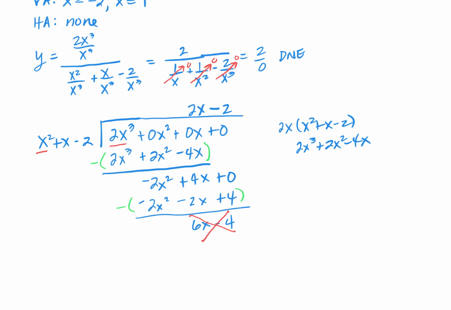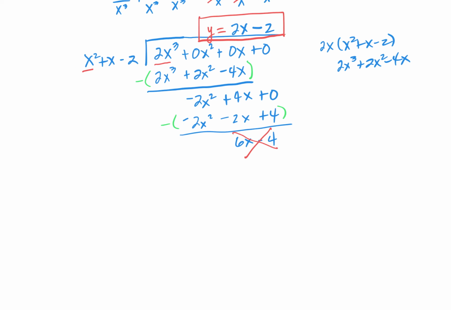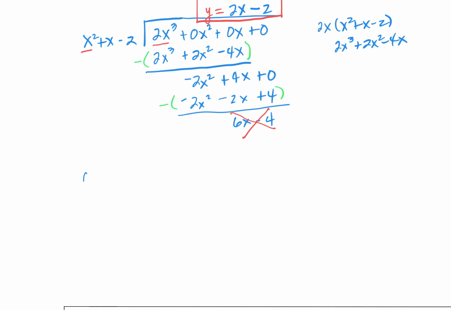So remember what this is. This is y values. This is y equal to 2x minus 2. That would be the line, the slanted line or oblique asymptote. So my oblique asymptote is y equal to 2x minus 2.